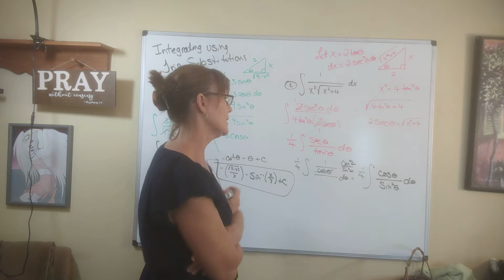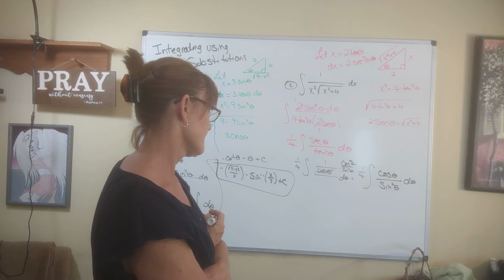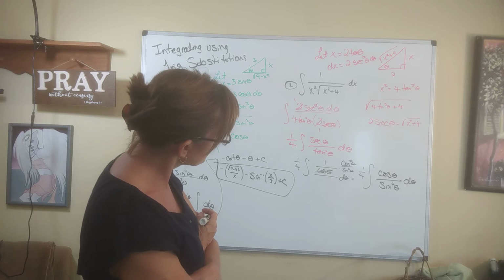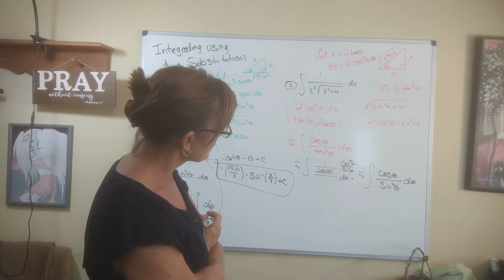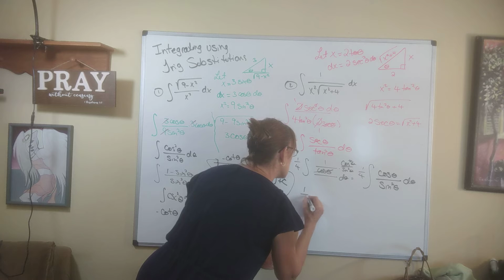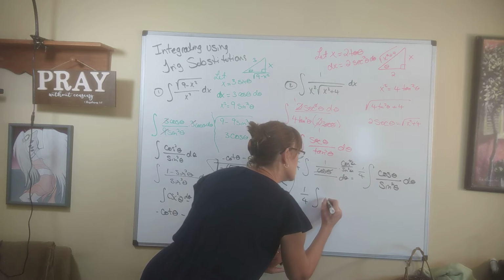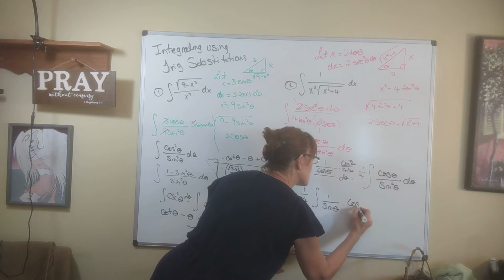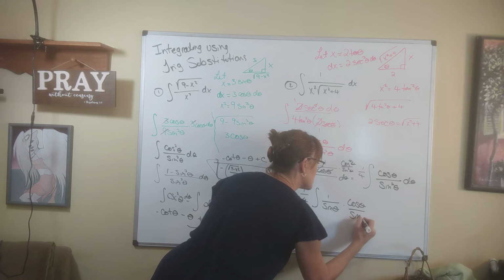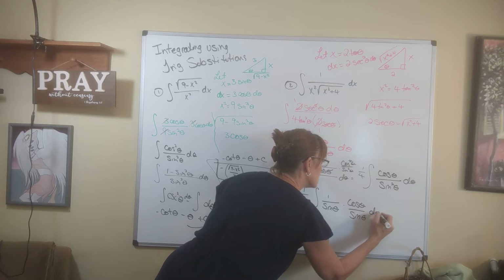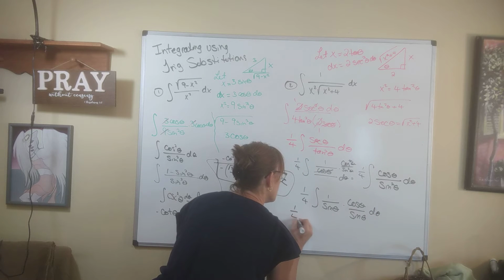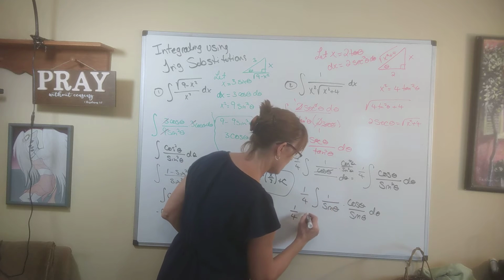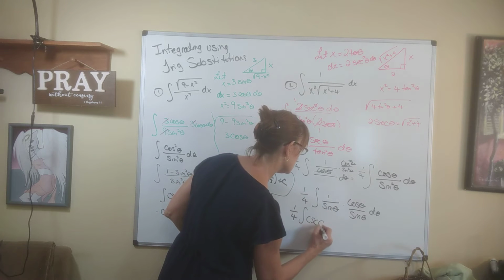All right, let's see here. What is that equal to? This is a 1/4, and this is 1 over sine times cosine over sine. That is 1/4. 1 over sine can be called cosecant.